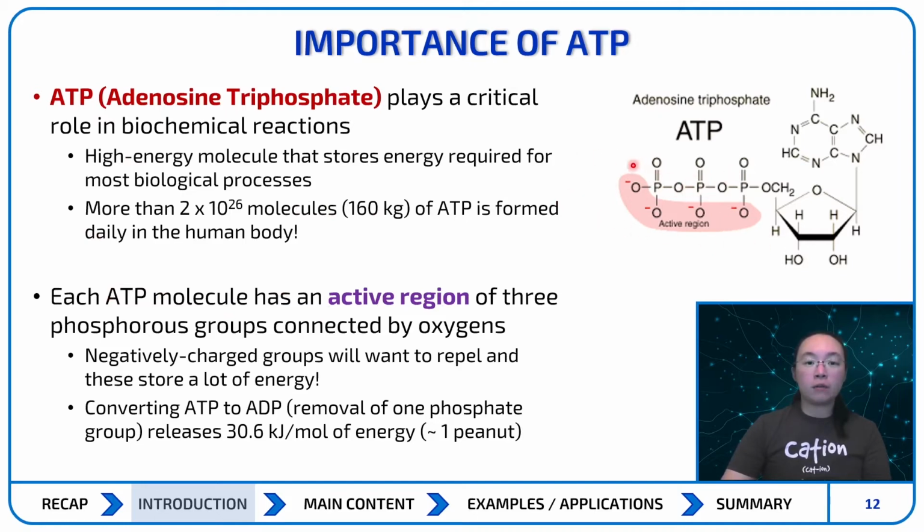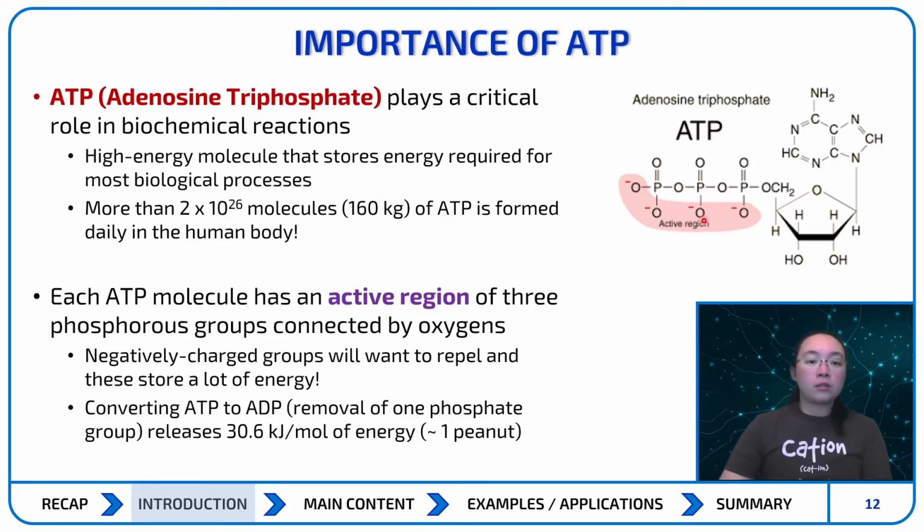For ATP, there are 3 phosphorus groups, 1, 2, and 3, connected by oxygens. And if you just take a look at these oxygens, they're all negatively charged, and negatively charged groups really shouldn't be that close to each other, which means that we have a lot of energy that can be expelled here.